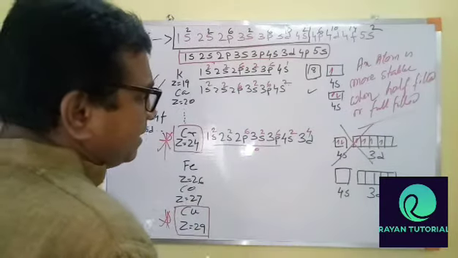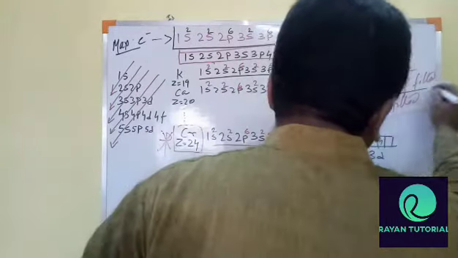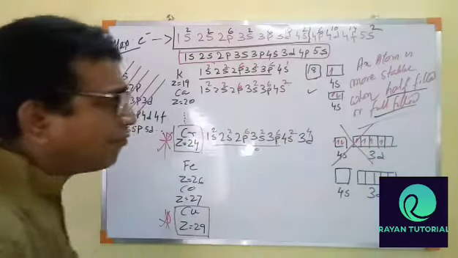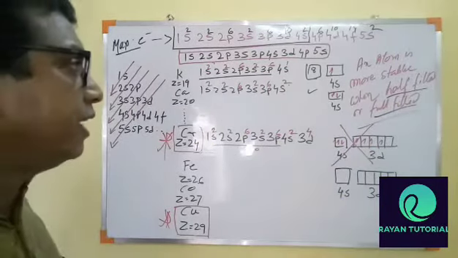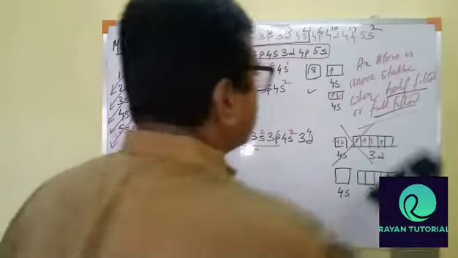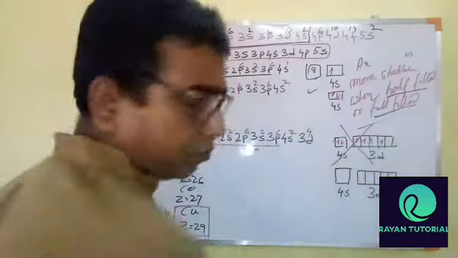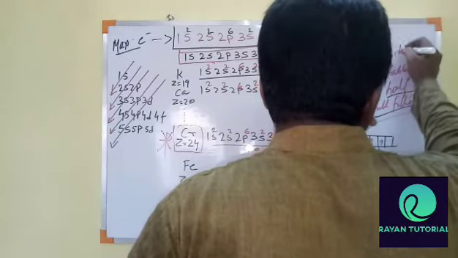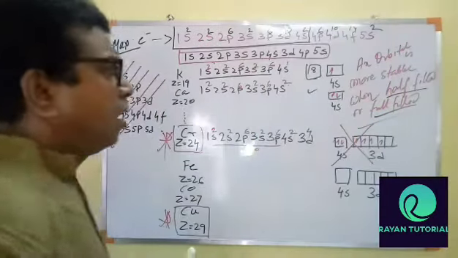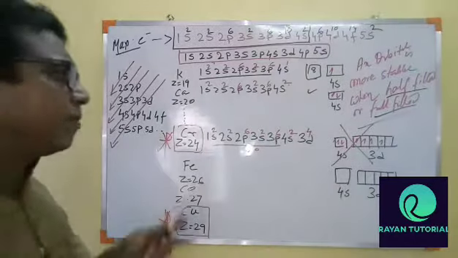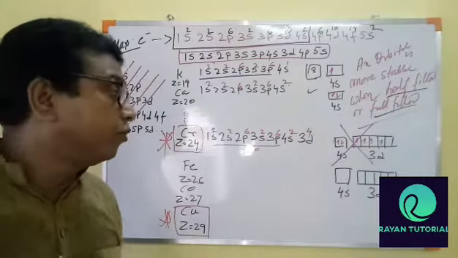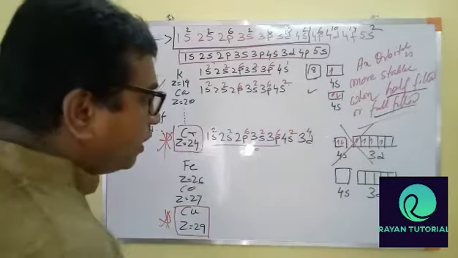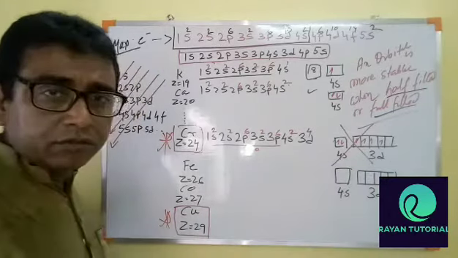So the scientists are saying that when the orbitals are half filled or full filled, just note right here, an orbital is more stable when half filled or full filled. Now see, here this one is full filled but this one is not.